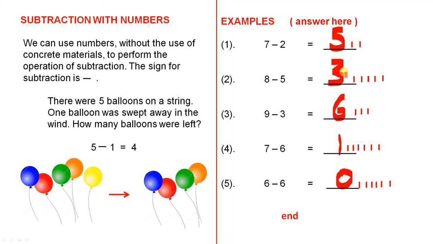The original 7, which is 5 plus 2 is 7, you took 2 away. There's your 8 altogether, you took those 5 away. That's your 9 altogether, you took those 3 away. There's your 7 altogether, you took those 6 away. And that's your 6 altogether, and you took those 6 away. So that's been an interesting introduction to subtraction, and we'll have a look at more examples in the next video.